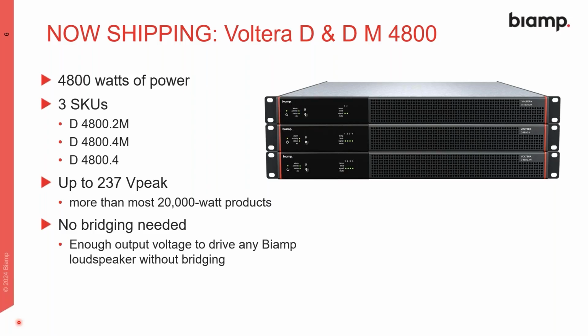Whether you're driving R2s on football fields, or IV6 arrays in auditoriums, or you name the application, R2 Maxes, biamplified speakers, or our larger I series, dual subwoofers, the 600 or 800 series, the Voltera D 4800 has the power to achieve the high outputs required with those sorts of products, and no bridging is needed.